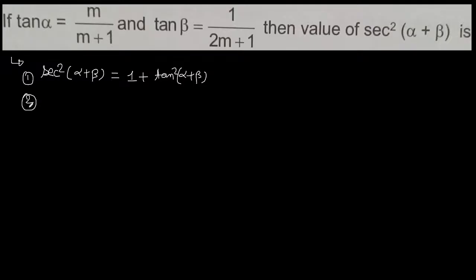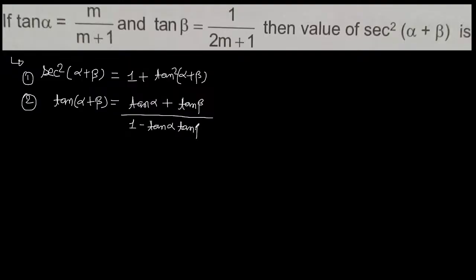Second, tan alpha plus beta is tan alpha plus tan beta upon 1 minus tan alpha tan beta.